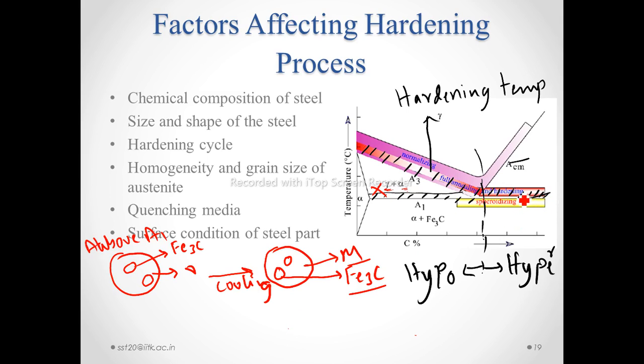So heating just above the A1 temperature and below the ACM temperature, we will get a harder substance as compared to only the martensitic structure, because of the presence of Fe3C in the matrix of martensite. Right? So this is the main purpose and the main difference of the heating temperature.